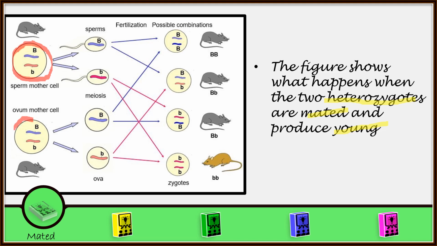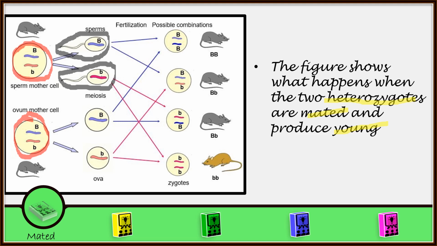And here we also have capital B, smaller b. So when this one happens, we undergo meiosis. This one will produce the sperms, one with capital B allele, another sperm will have smaller b allele.